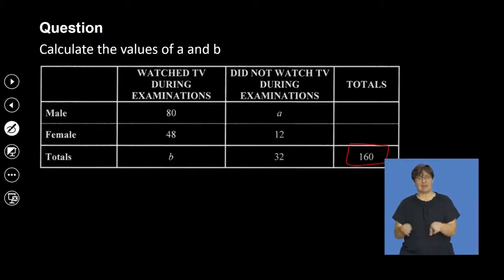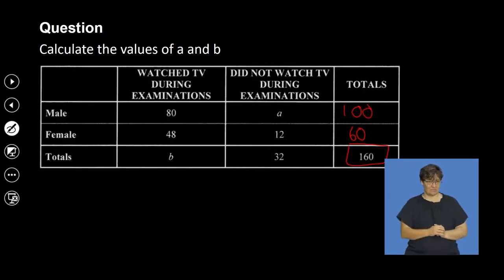So if I were to take the number of females and I say 12 plus 48, that will give me a total of 60. So there are 60 girls in the experiment, and I know that's true. I also know that I was told that there were 100 boys.